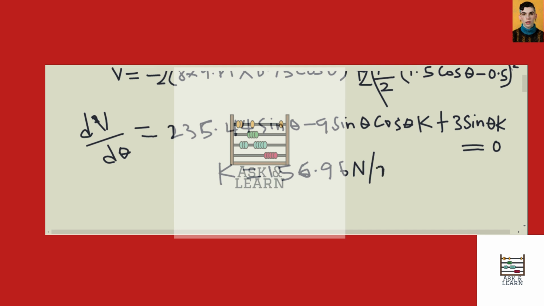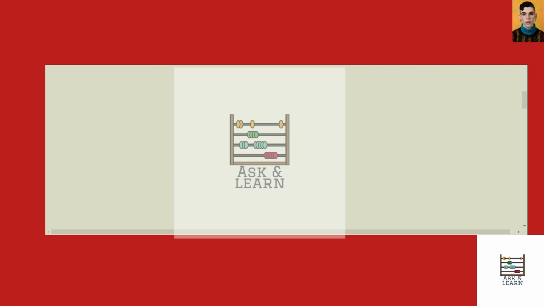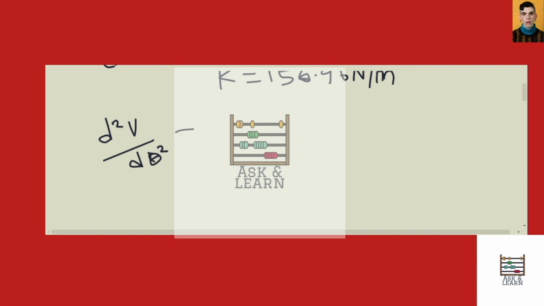If we take the second derivative, d squared V by d theta squared, we are going to arrive at that for stability. We want to determine stability.